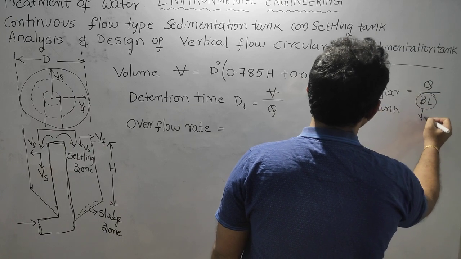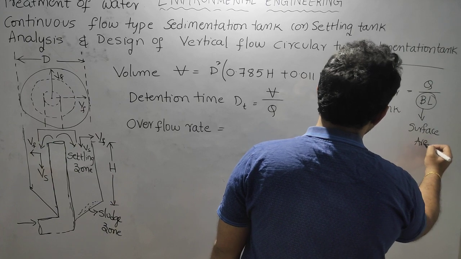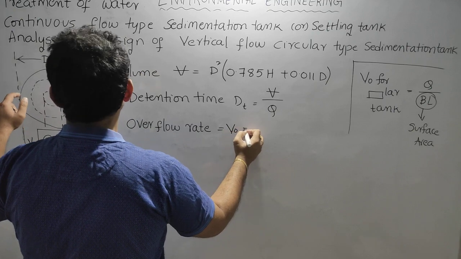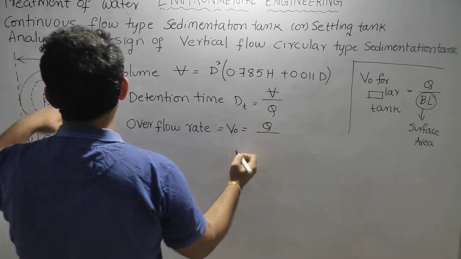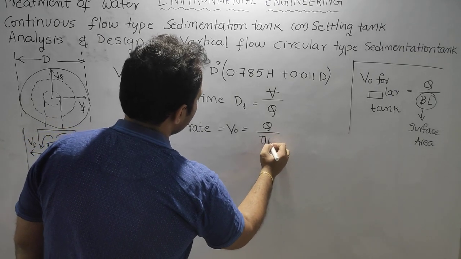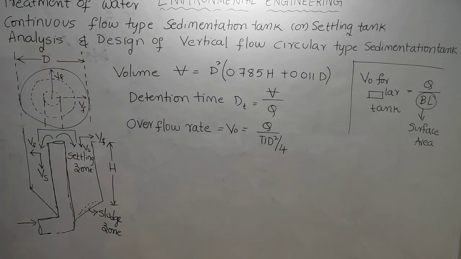Here, what is the surface area of this? Q by the surface area. This is the surface area, plan area. That is pi d square by 4. So overflow rate calculation varies in circular sedimentation tank. It was Q by BL in rectangular sedimentation tank, whereas in circular sedimentation tank it is Q by pi d square by 4.